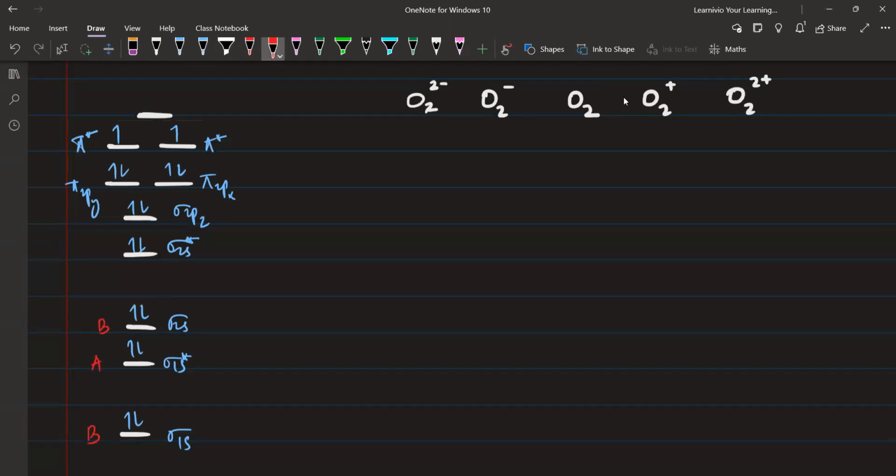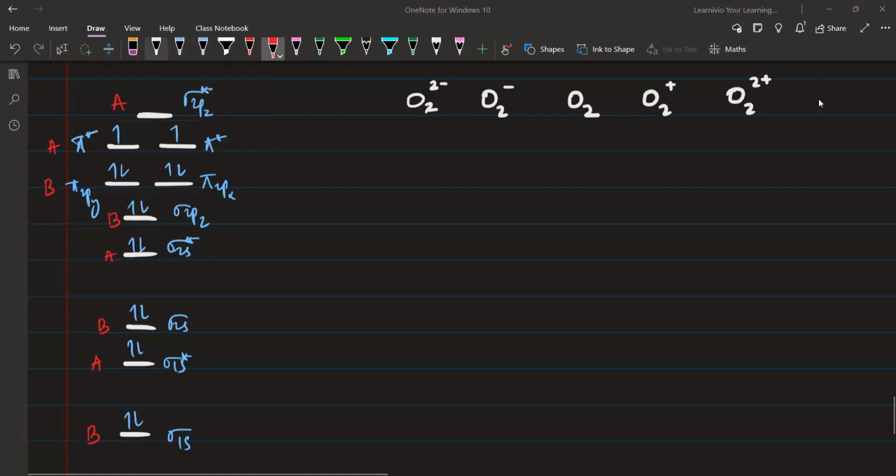This is again bonding. This is anti-bonding. This is again bonding, this is again bonding, and this is again anti-bonding. And sigma 2p will not be of use, but still sigma star 2pz in blue color, which is going to be anti-bonding.